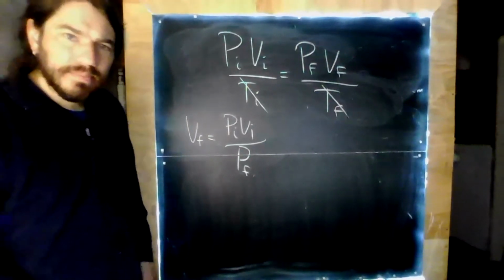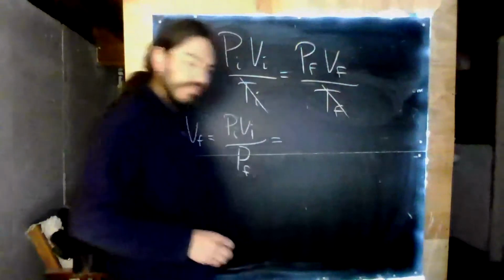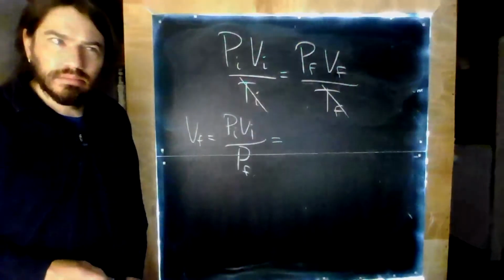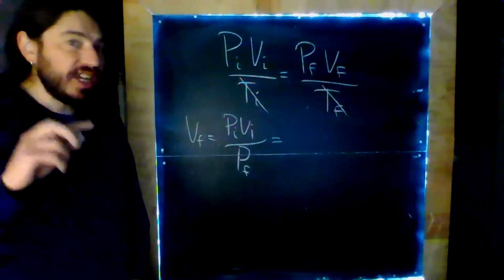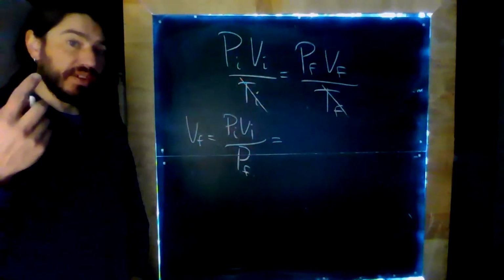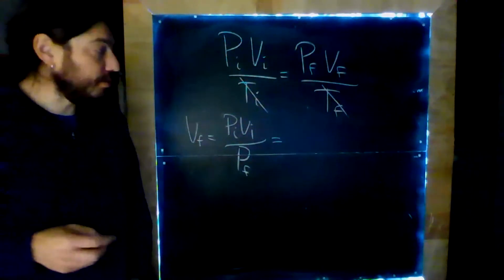What's the initial pressure? Is it 0? It's not, right? We need to use the absolute pressure. The gauge pressure is 0 when he's at the surface. But that means that the absolute pressure is 1 atm.